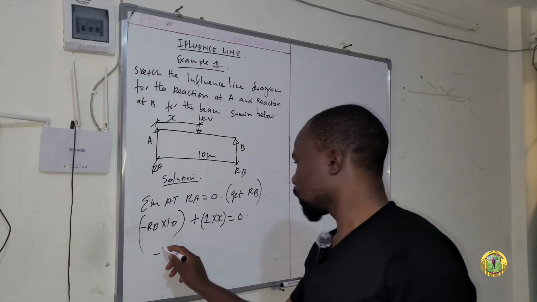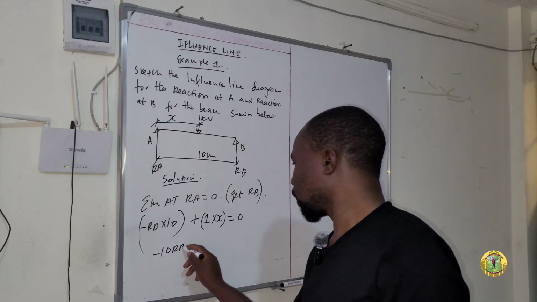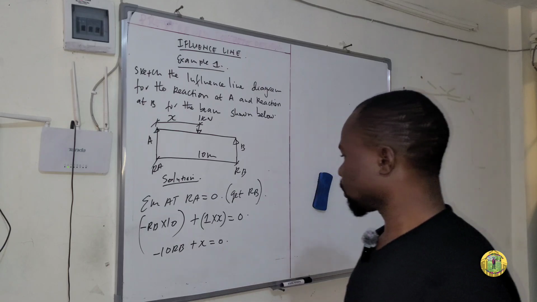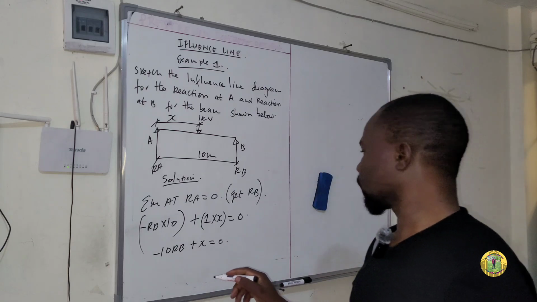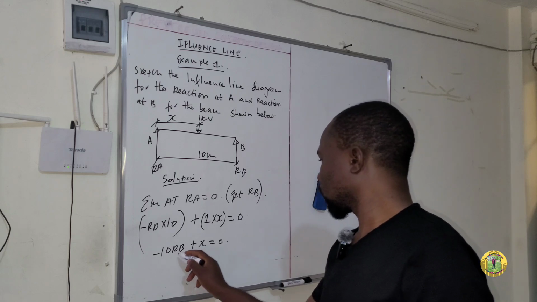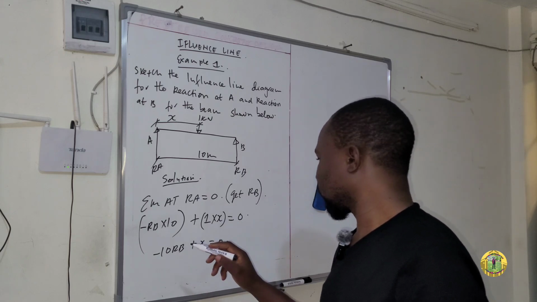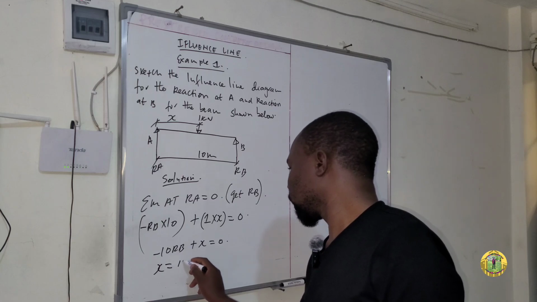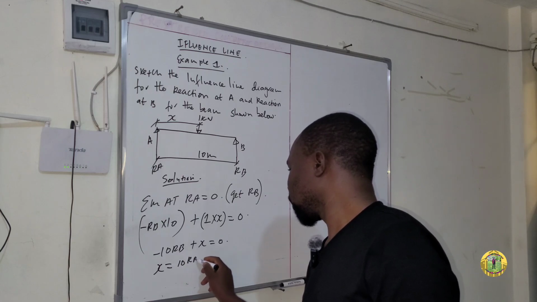So minus 10 RB plus x is equal to 0. Then this will cross to the other side, so x is equal to 10 RB.